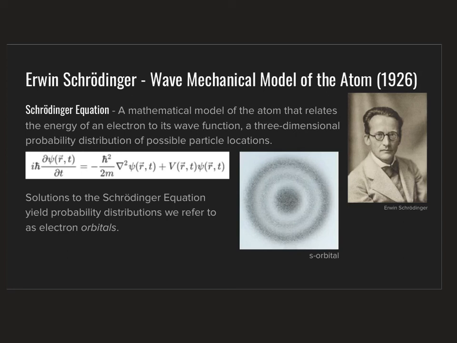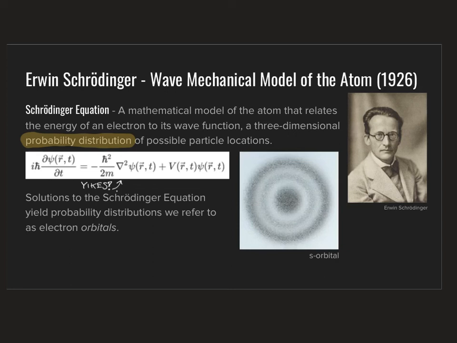And one of the strange things about that wave mechanical model of the atom is that it doesn't really tell you where the electrons are so much as the probability of where they're likely to be. It's based upon some scary looking math that if you do some more chemistry or physics in college, you will come across, referred to as the Schrödinger equation.